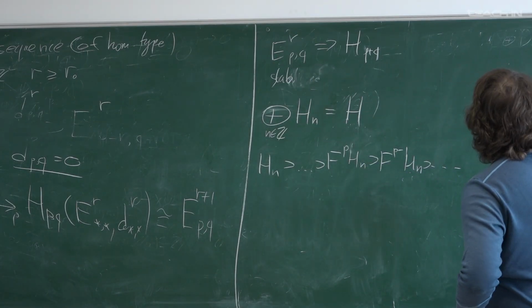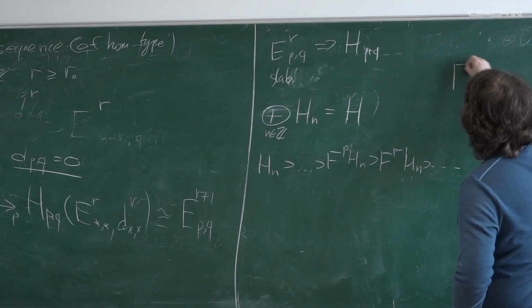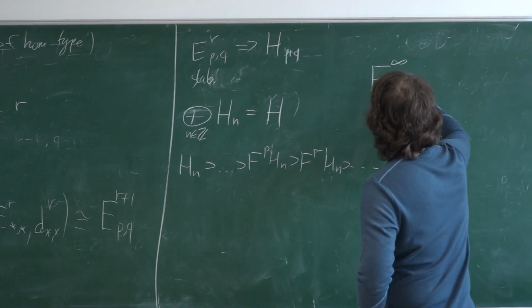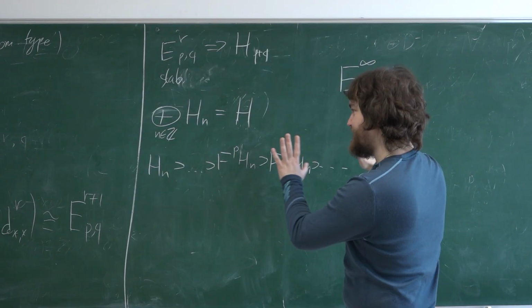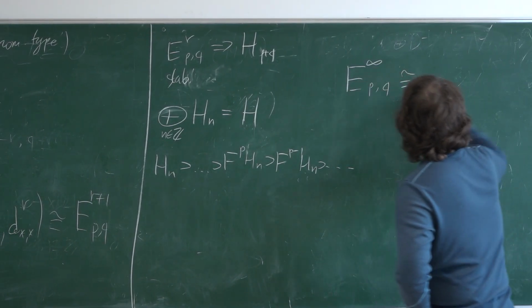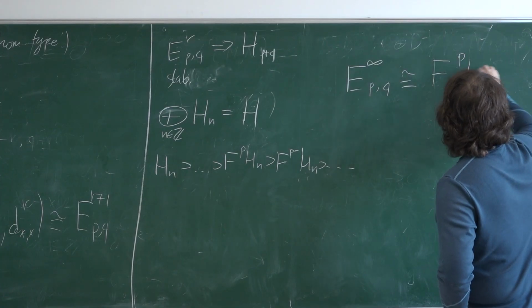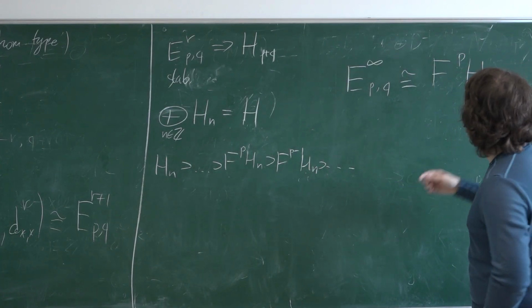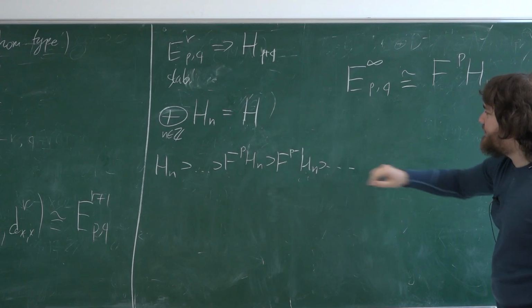This means that the infinity page, again in some indexing convention, but it's our indexing convention, the P,Q infinity page is isomorphic to the associated quotient in grading P plus Q.